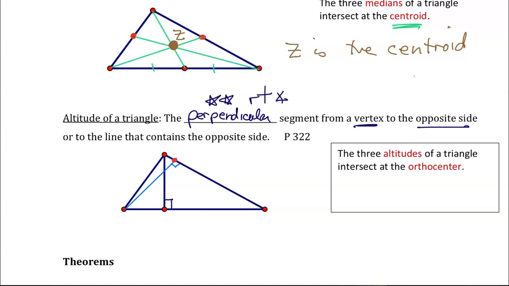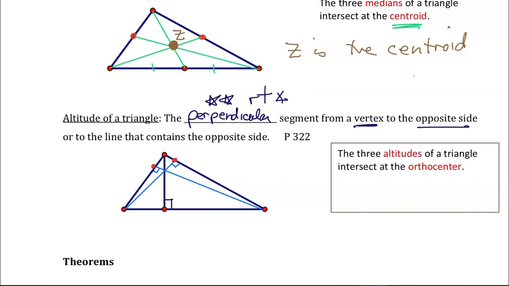Let's do another altitude. Again, I'm going to start from the vertex and draw it across. I have to hit that opposite side so that I form a right angle. I believe that will do it. There we go. What do I now know?